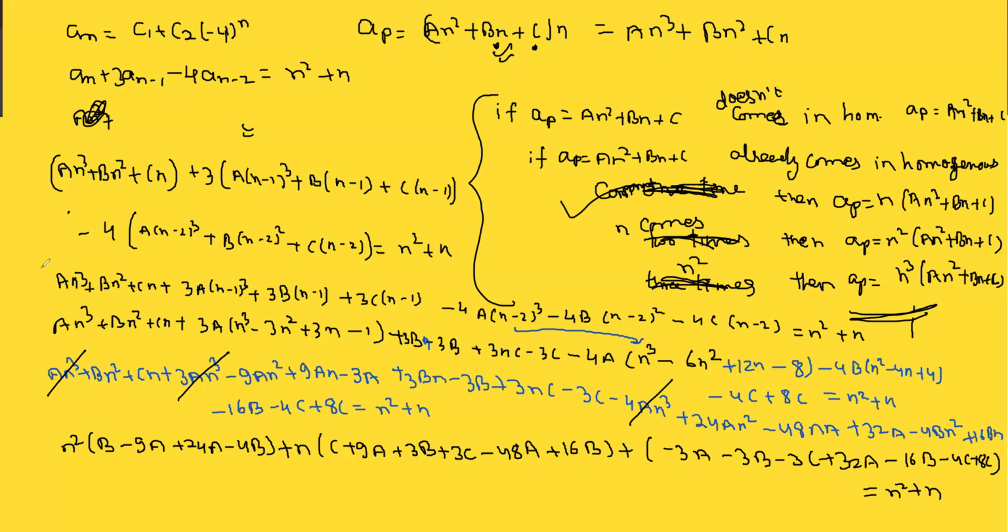Okay, now simplify this. Yes. So b minus 3b plus 15a.